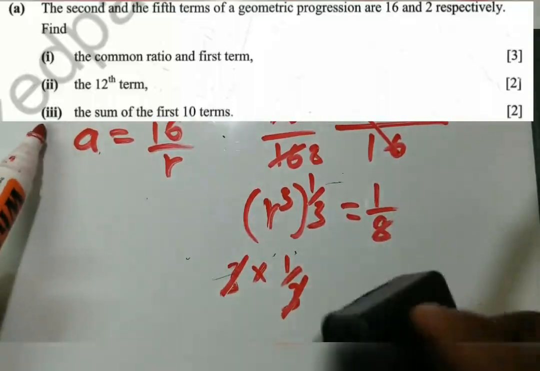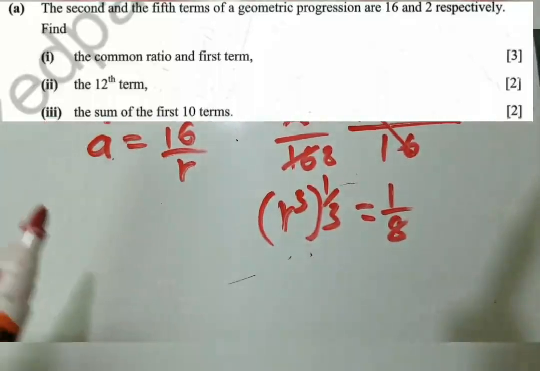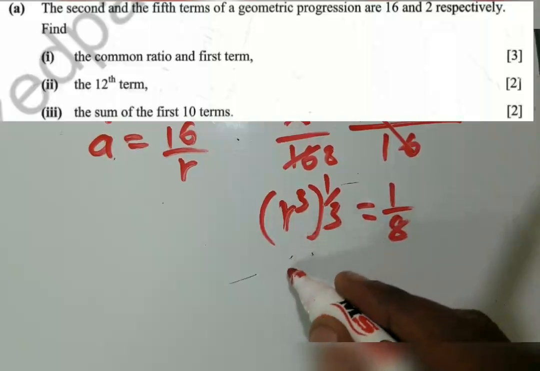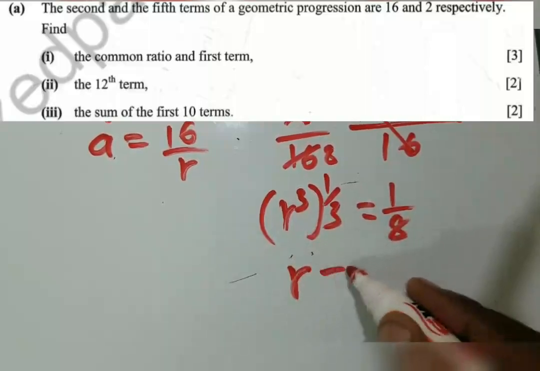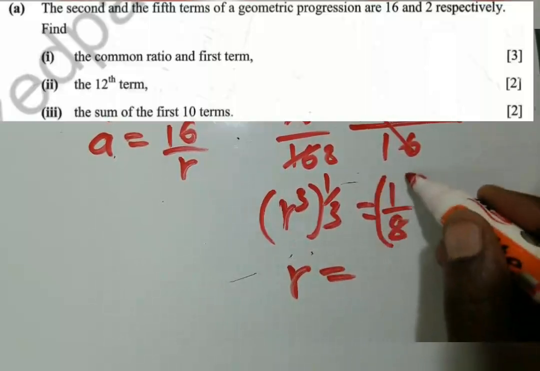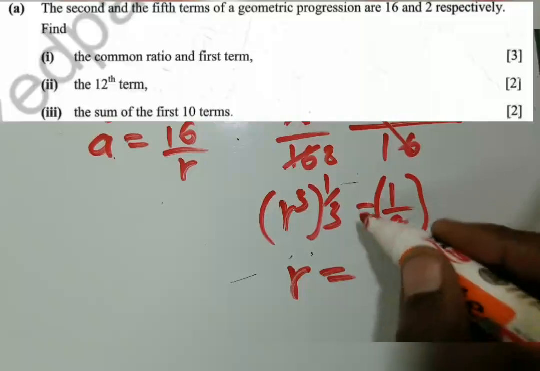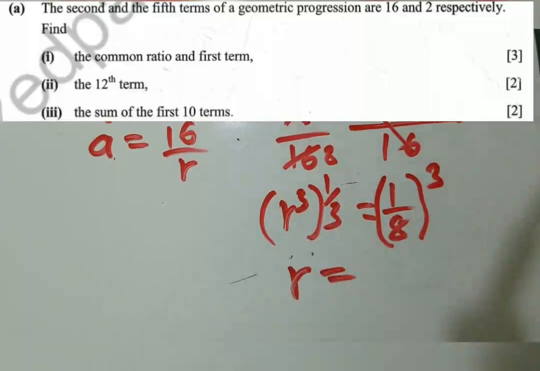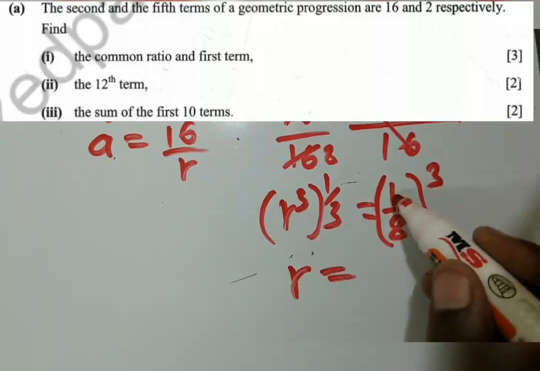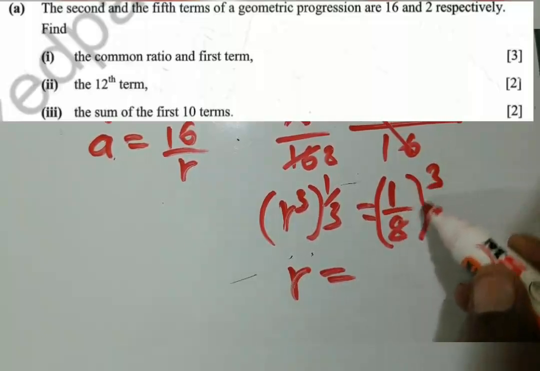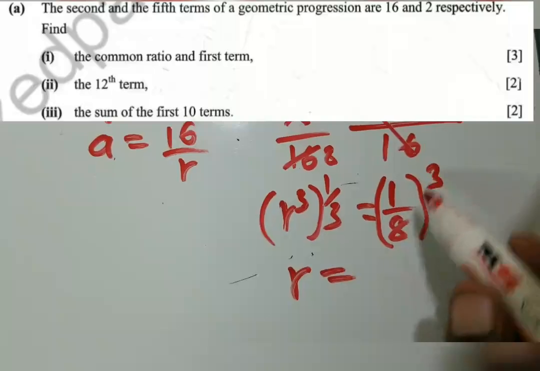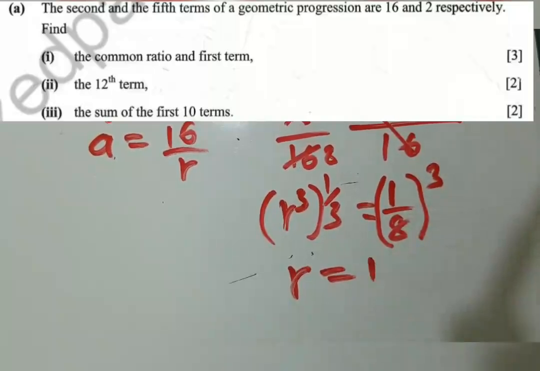R to the power 1 is just the same as R. So we are going to have R here, it is equal to, so this whole thing you multiplied it by, you just bring this root, to the power 3, like that, to this here. So this root means that there is 1 to the power 3 and 8 to the power 3. What is 1 to the power 3? It is just 1, like that.